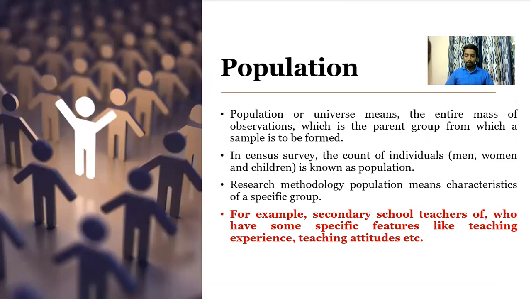A population means an entire group of individuals which has been formed to conduct research. In a formal way, a population is the entire mass of observation, which is the parent group from which a sample is to be formed.